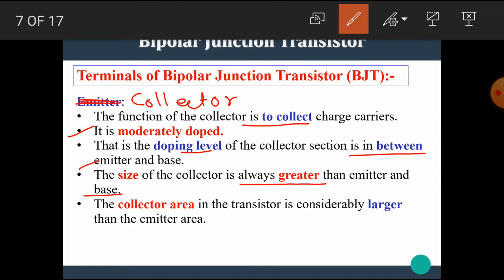The collector area in the transistor is considerably larger than the emitter area. That means the collector has the greatest surface area, and it is moderately doped. That means its doping concentration is greater than the base and less than the emitter.